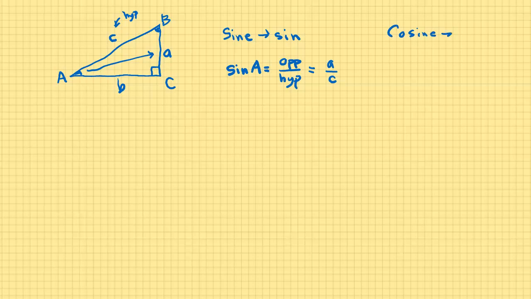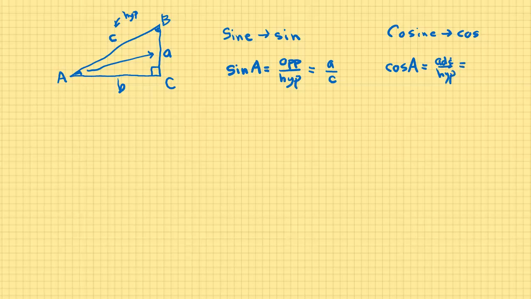Let's try cosine. The short way to write cosine is C-O-S, all lowercase, just like sine. And let's find the cosine of angle A. Well, by definition, the cosine is the adjacent divided by the hypotenuse.